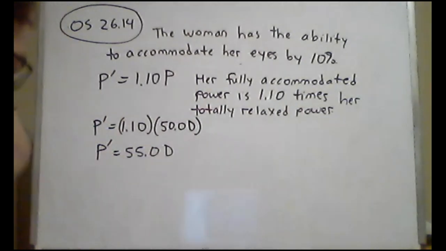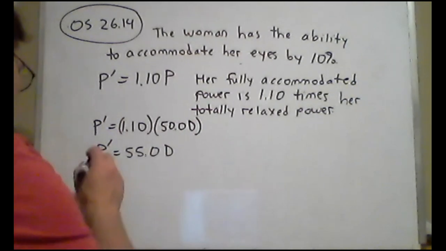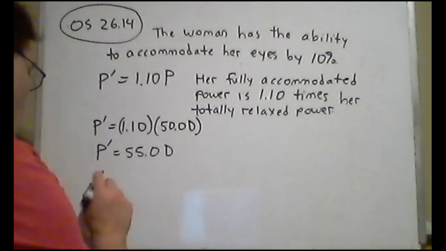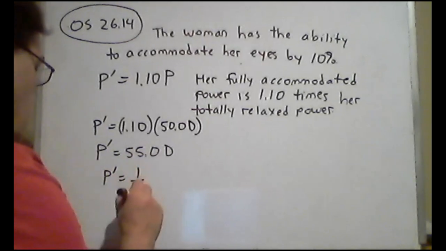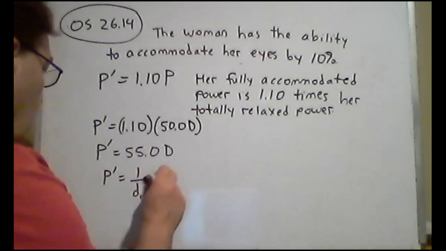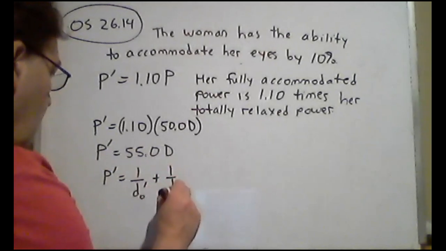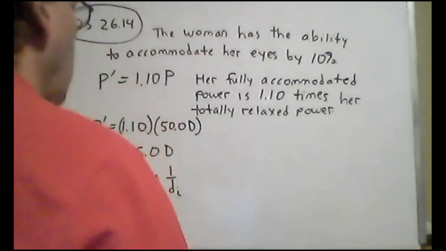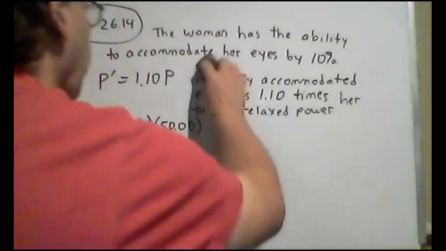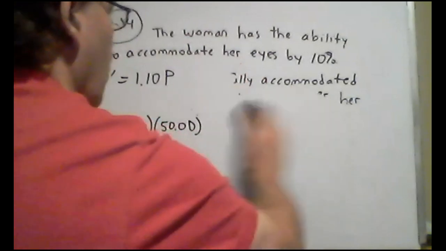So what is the near point associated with that? We go back to the eye doctor equation, right? So P prime will be 1 over D sub O prime plus 1 over D sub I. I know P prime, I'm looking to solve for D sub O prime. It's the same math that we talked about before.